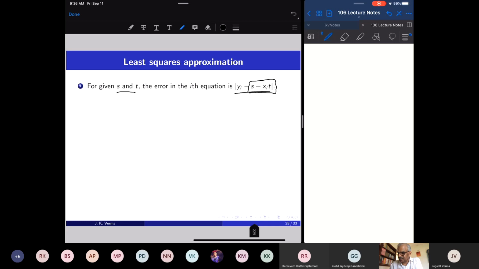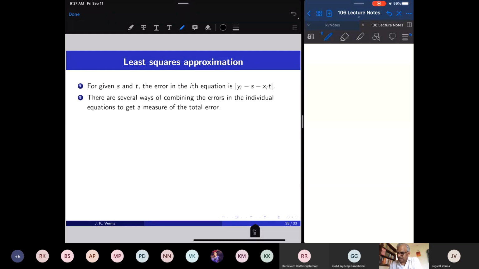If the input is xi, the straight line will give me some output, which is the y coordinate for the x coordinate xi, and yi is the experimental value. s plus xi t is the value predicted by the straight line. So we take the difference and take the absolute value. This is the error in the ith equation.